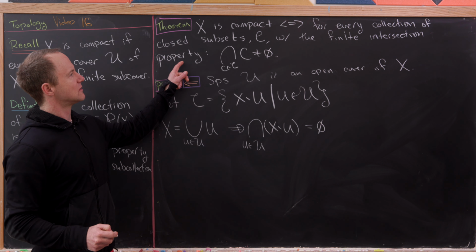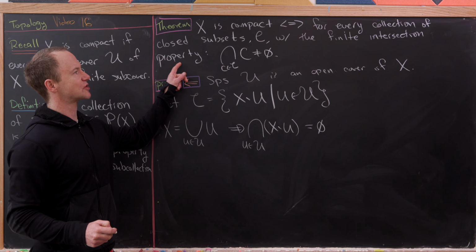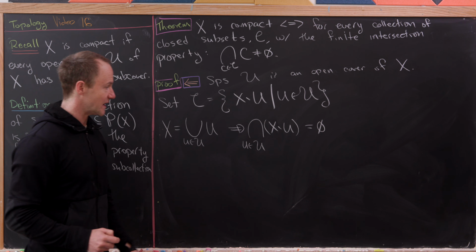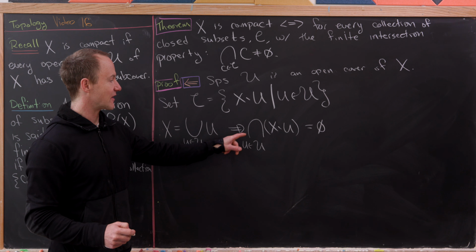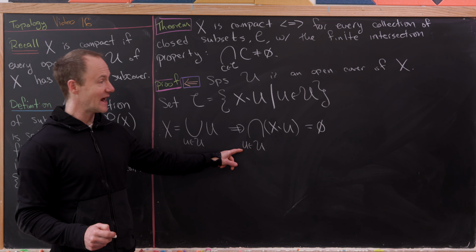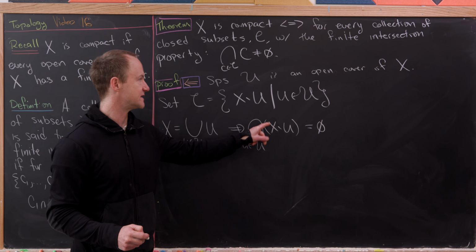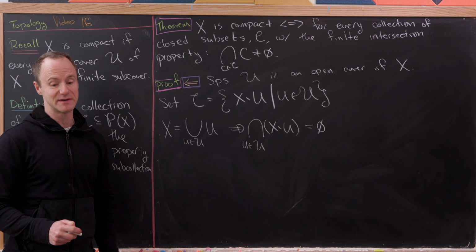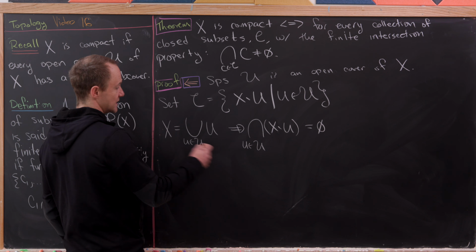But now let's observe by kind of the contrapositive of this thing right here that we are assuming. That means that there exists a finite subcollection of these closed sets that intersect to something empty as well. So let's write that down.